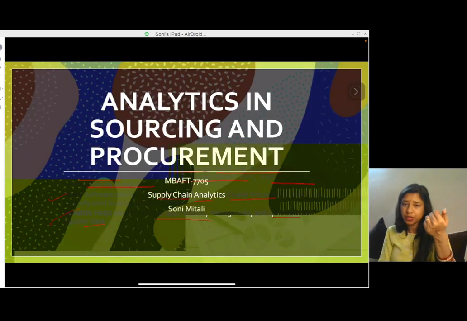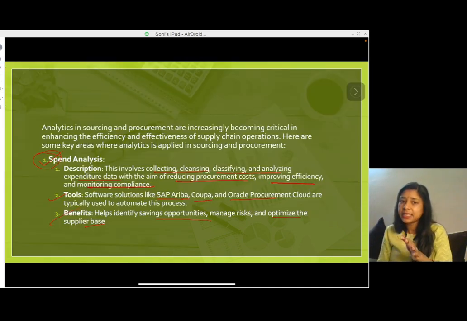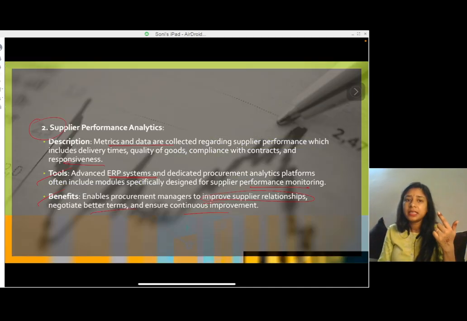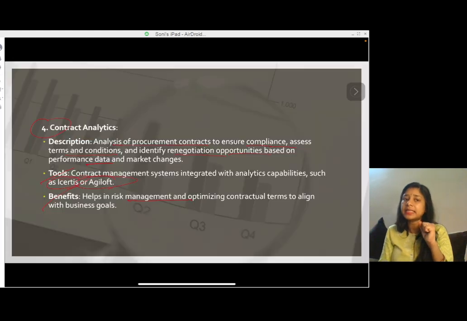So we have discussed, first, expenditure analysis to analyze the spending. Next, we discussed supplier performance analytics. Next, analytics can be used to identify business intelligence and gain market intelligence as well.